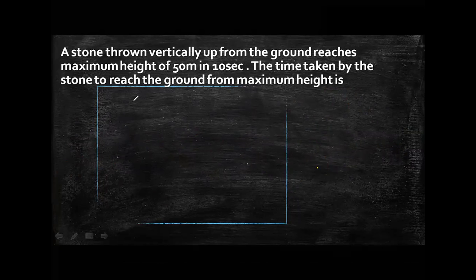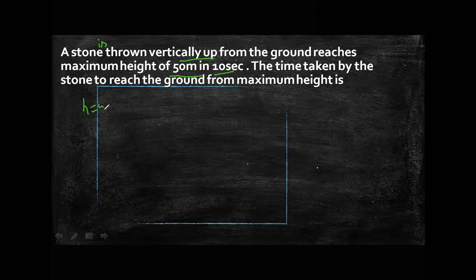A stone is thrown vertically up from the ground. It reaches a maximum height of 50 meters in 10 seconds. The stone is thrown upward. It reaches a height of how much?